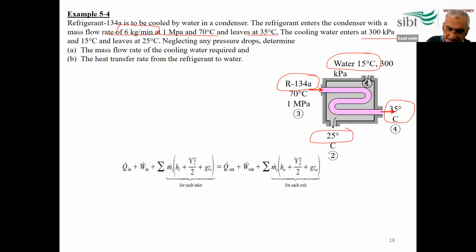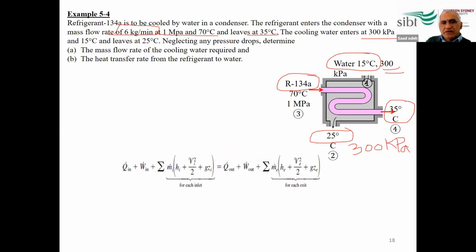They said neglect the pressure drop, which means the water enters at 300 kilopascal and also will leave. If there is no pressure drop, then it will have the same pressure at the exit. So the pressure at the exit will be the same, 300 kilopascal. Okay, so that's also given.